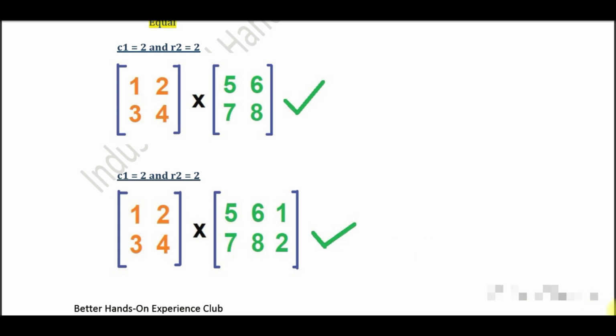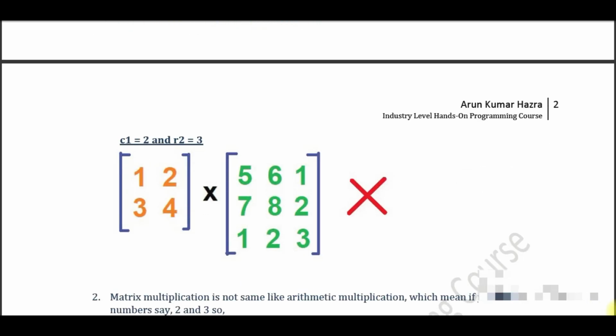Now if you take the third example, you can see the column count of the first matrix is 2, but the row count of the second matrix is 3. So these are not the same, one is 2 and another is 3, so C1 and R2 are not the same. In that case I am not able to multiply these two matrices.